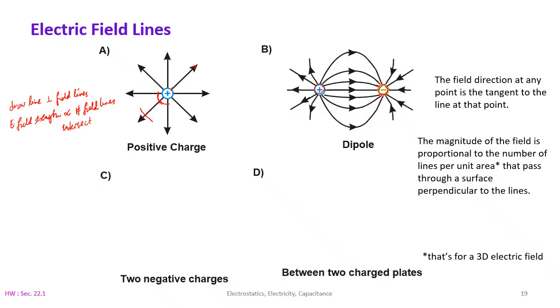So let's say we were interested in the direction of the electric field at that point there. What we do is we draw a tangent to that electric field line at that point, and that gives us the direction of the electric field at that point.